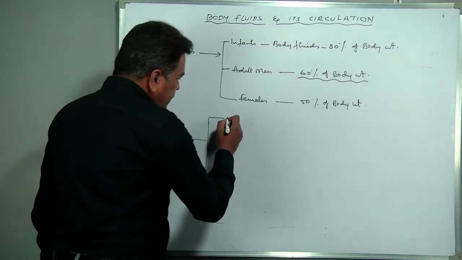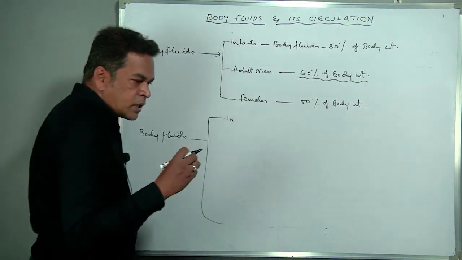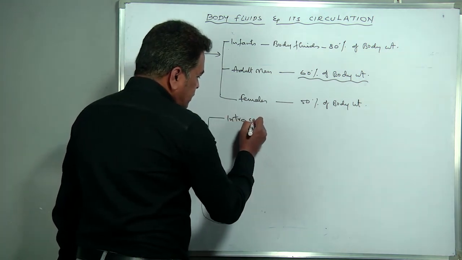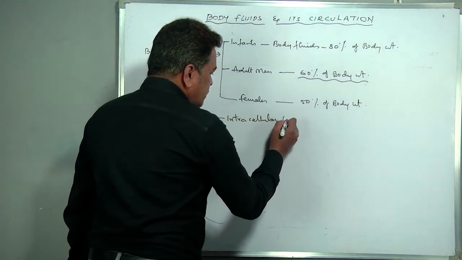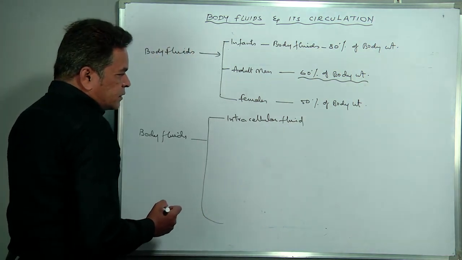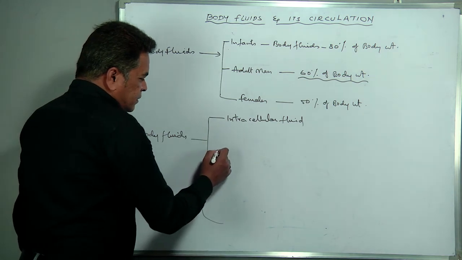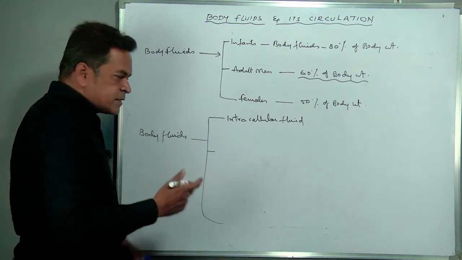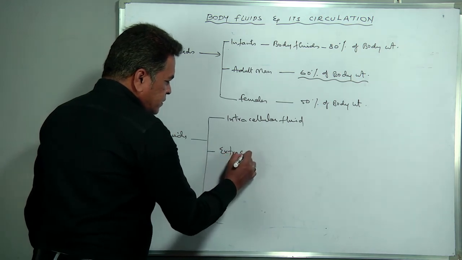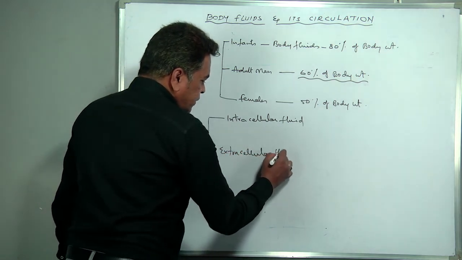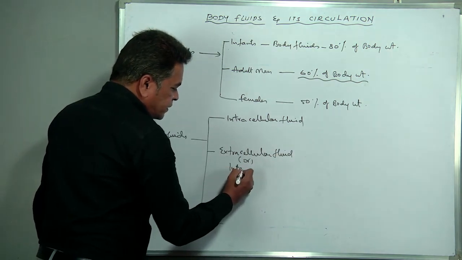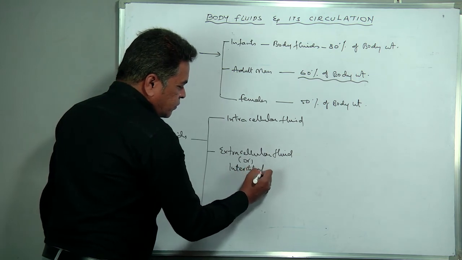Body fluids: the water that is present inside the cell, we say intracellular fluid. Outside the cells we call this extracellular fluid, otherwise we use another term, interstitial fluid.